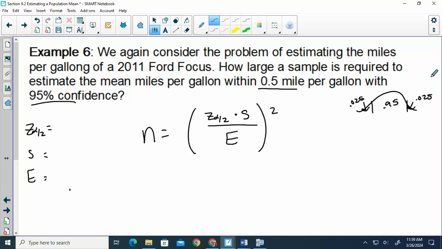Now remember, some of them are given at the bottom. If not, this would be 0.975, so you'd be looking inside your table to find the closest area to 0.975 that we could. And we get a 1.96, which was one that told us at the bottom.